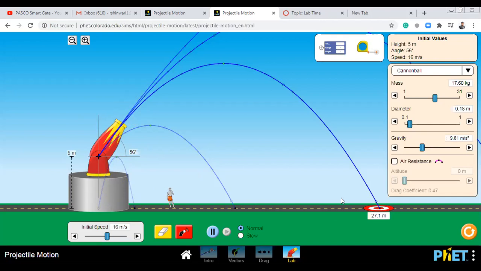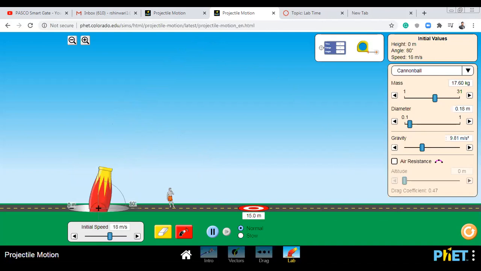Okay, let's try another one and calculate the difference between the actual value and the measured value. Let's suppose we give 45 degrees as the angle.